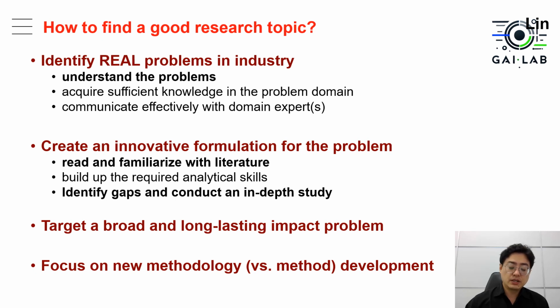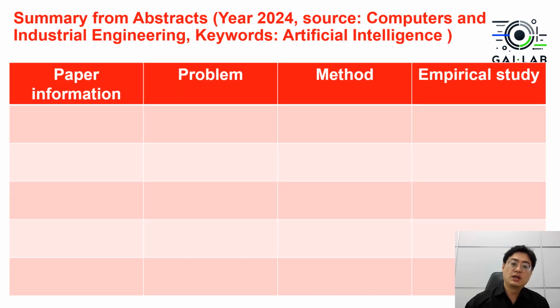And finally, after this part, you can have this insight as a summary or a table, with the key abstract. You can find it, and also you can have the year, like the newest one, and the source. The source depends on different kinds of areas. As I mentioned, for us, we are related to industrial engineering, and with the keywords you can focus on artificial intelligence and also machine learning.